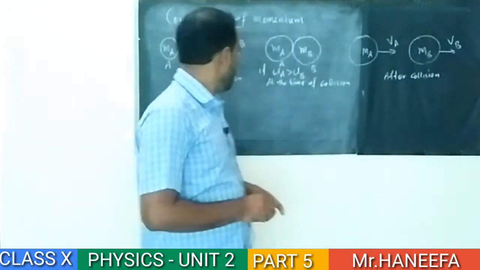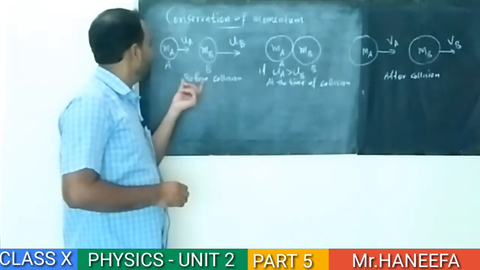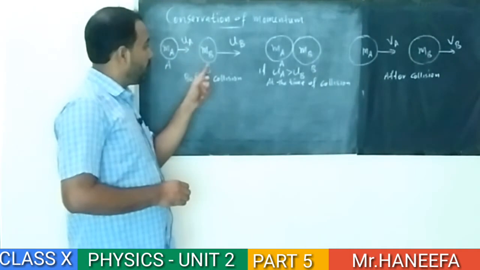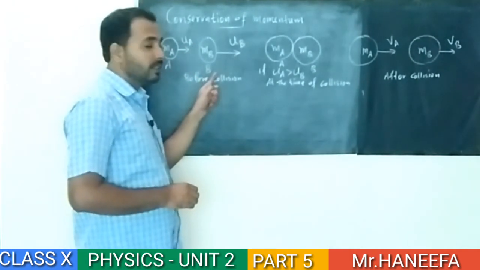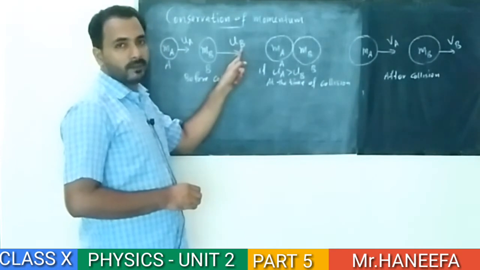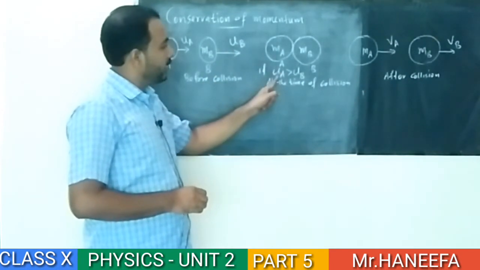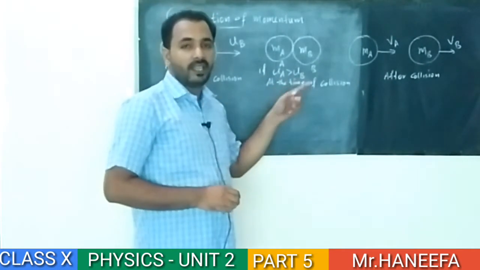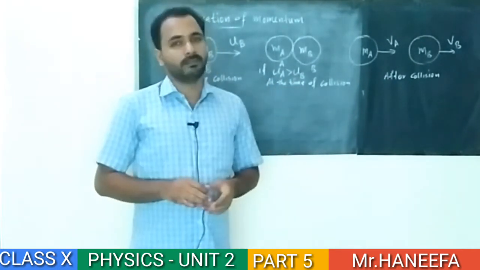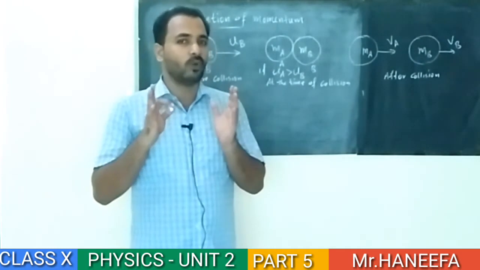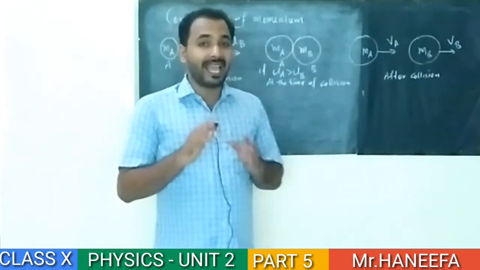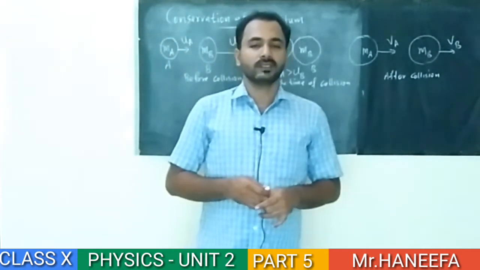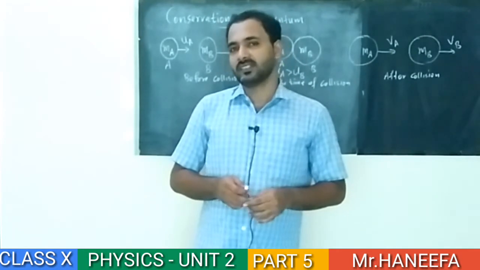Okay, so first, before collision, object A moves with initial velocity UA and object B moves with initial velocity UB. If initial velocity of A is greater than the initial velocity of B, A collides with B. At the time of collision, there is action and reaction. What is action? Applied force is called action.